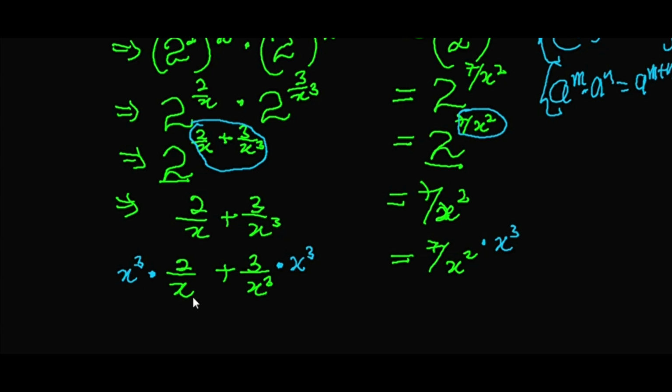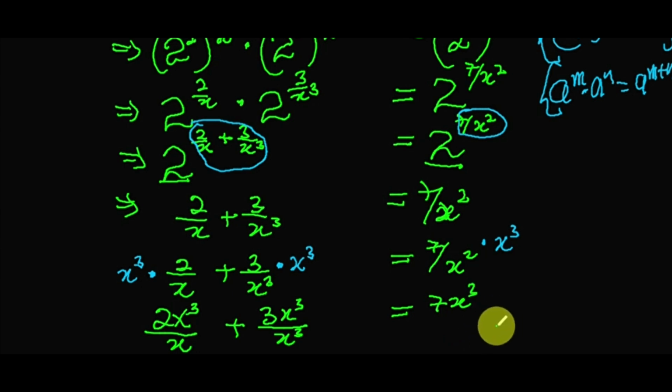We will have 2x to the power 3 over x plus 3x to the power 3 over x to the power 3 equals 7x to the power 3 over x squared.